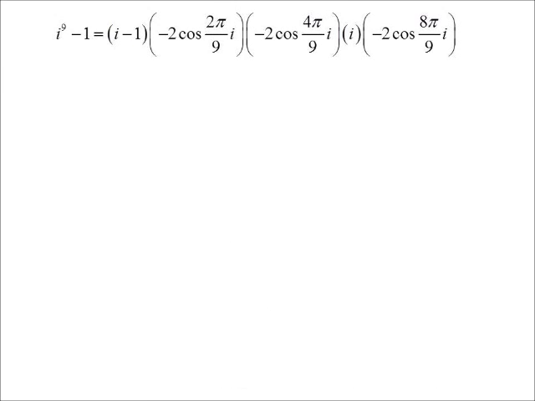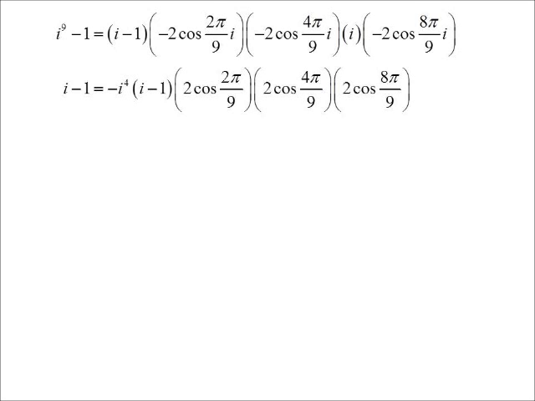All right, so this is where we're at. So i minus 1 will equal, now I factorised i out of each of them. And so I get i to the power of 4, or minus i to the power of 4, because I factorised the negatives as well. Well, i to the power of 4 is equal to 1. And then I've got an i minus 1, which will cancel with an i minus 1. And I'm now left with 8 lots of cos 2 pi on 9, cos 4 pi on 9, cos 8 pi on 9 is equal to negative 1.